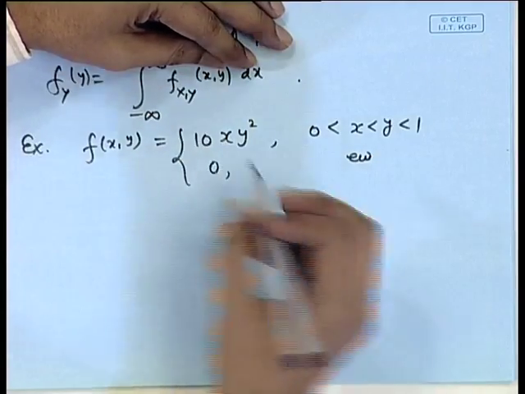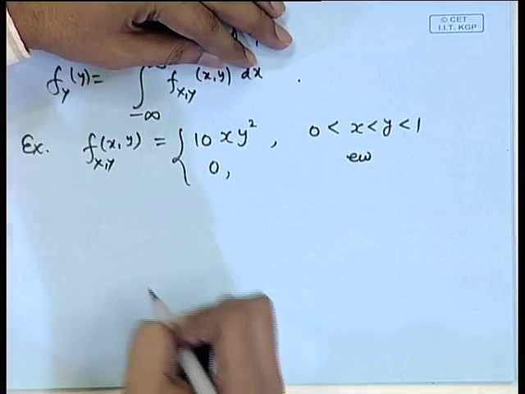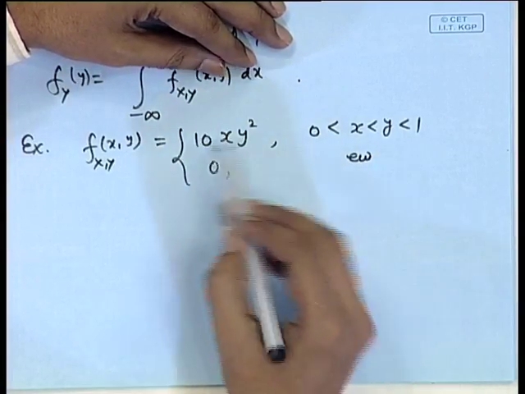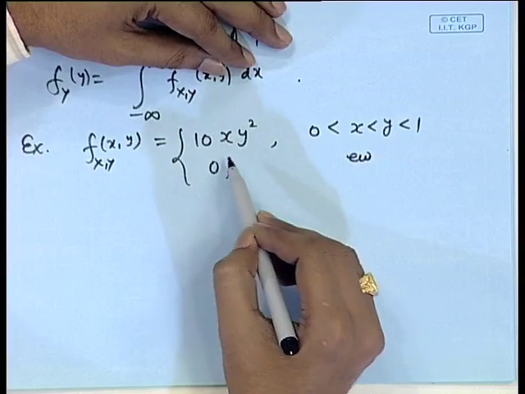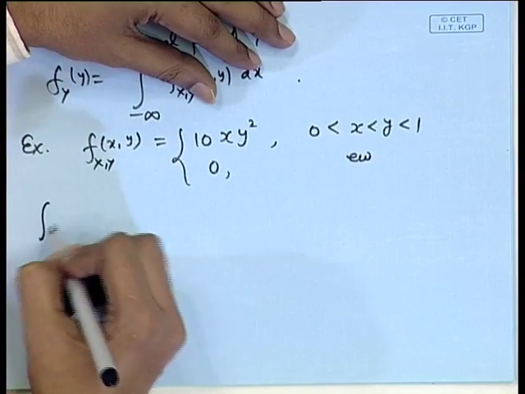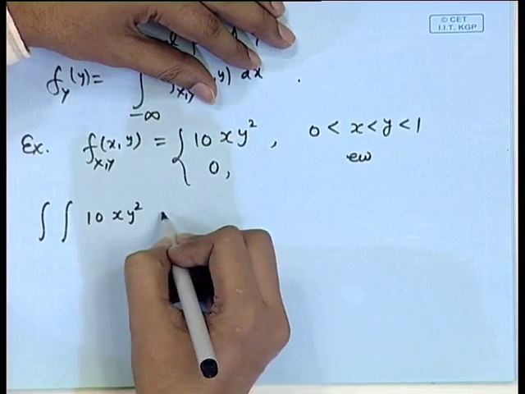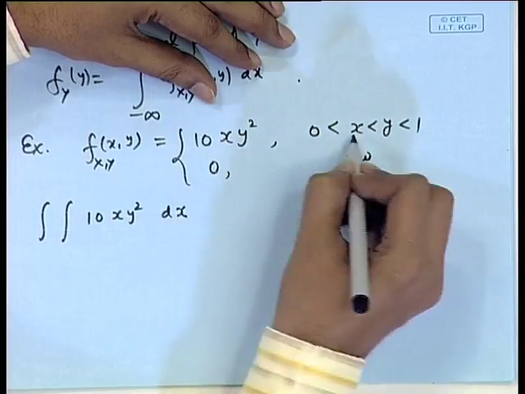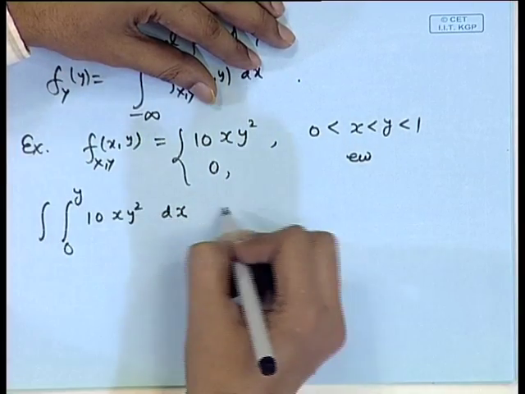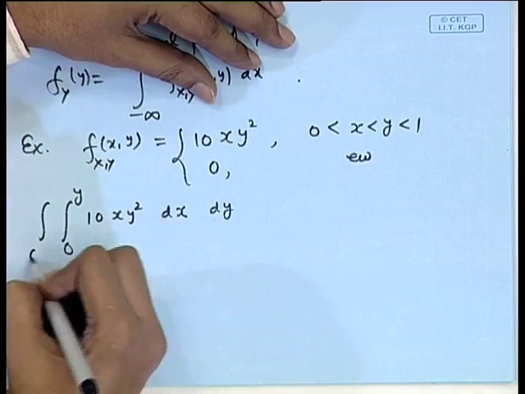Let us analyze this PDF. First of all, is it a valid PDF? You can see that the values are non-negative, and if I take the integral over the full range, here if I integrate with respect to x first, then it will be 0 to y, and then the range of y will be 0 to 1.